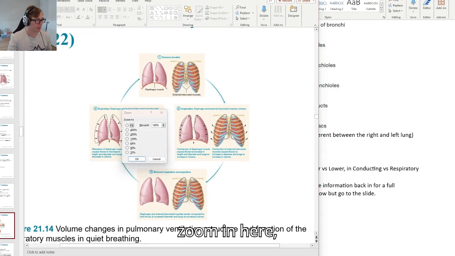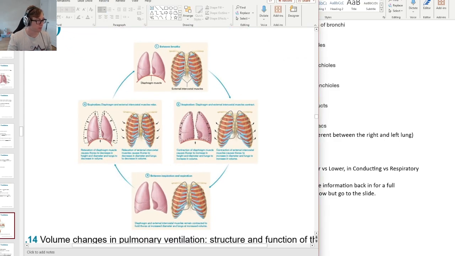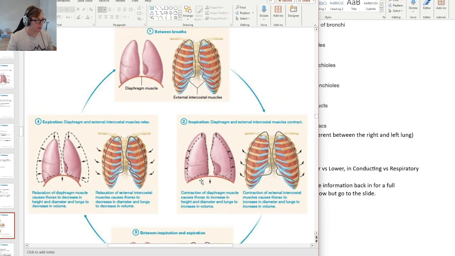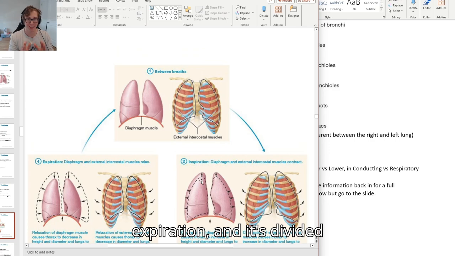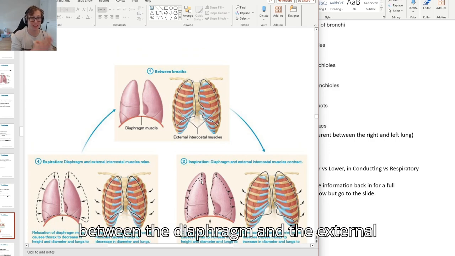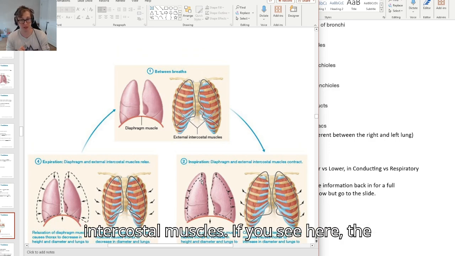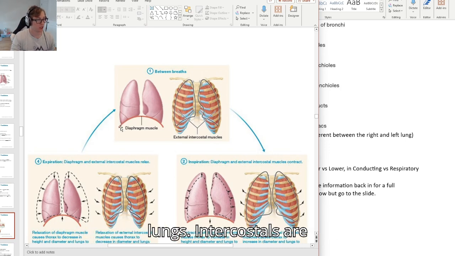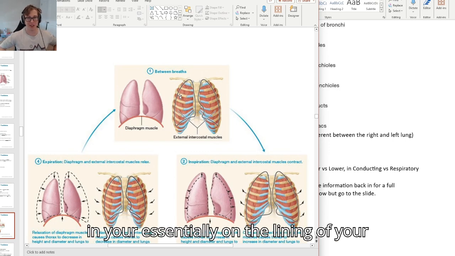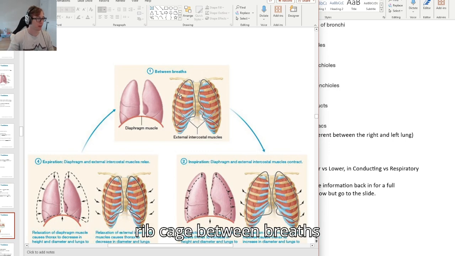So if we zoom in here, this is the muscles about inspiration and expiration, and it's divided between the diaphragm and the external intercostal muscle. If you see here, the diaphragm muscle is directly under the lungs. Intercostals are essentially on the lining of your rib cage.